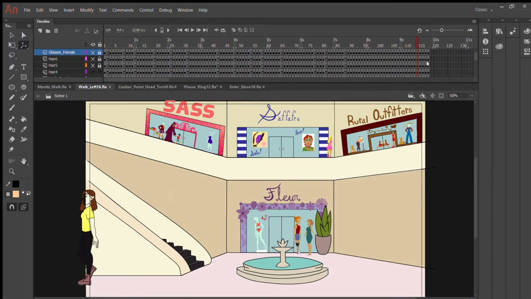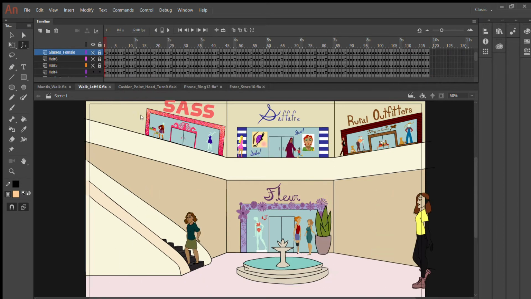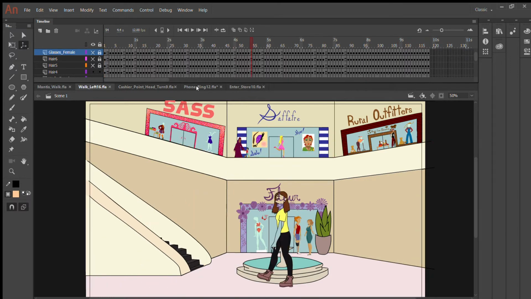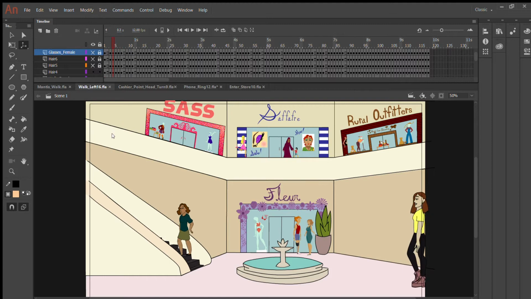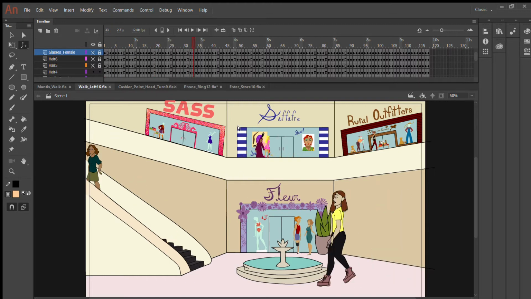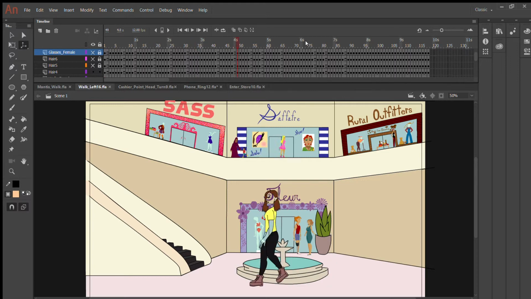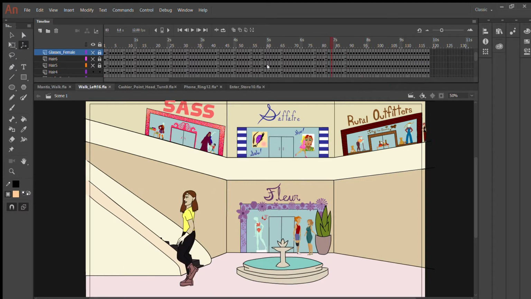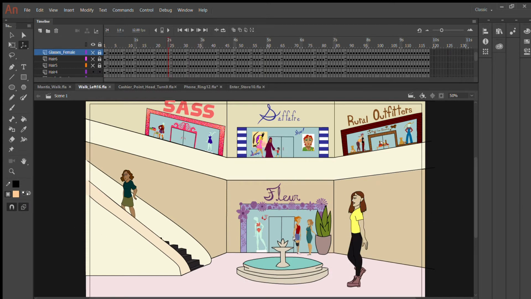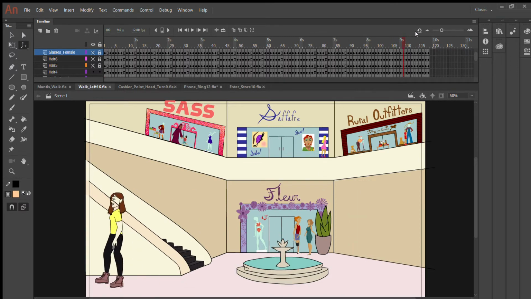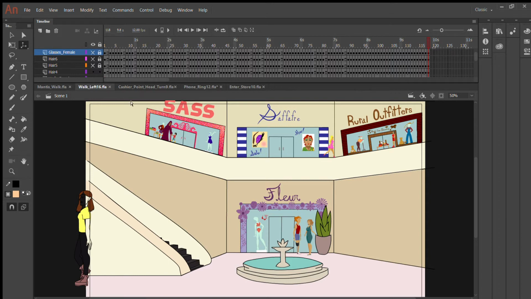Or you have these people walking in the background, those are simple animations, but also you have these static things in the background that let you know this is a mall, and they're arranged in such a way where you have these actions going on in the background and these things that let you know where you are, but mostly the shot is pretty empty in the place where you have this character moving around, so the focus is on them and what they're doing.